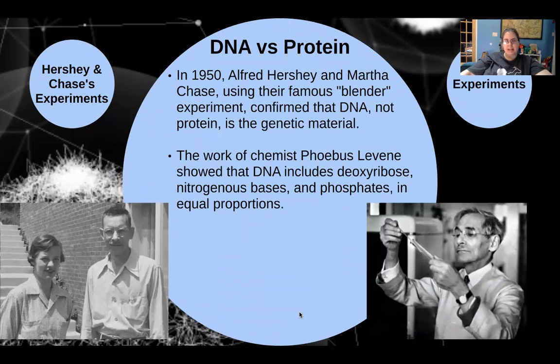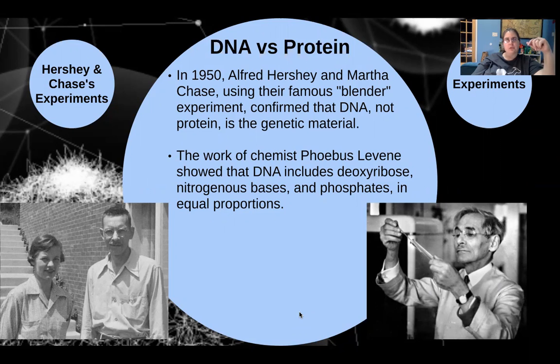Around the same time, we have a chemist named Phoebus Levene, and he was the one who discovered the different components of DNA. He found that it consisted of deoxyribose, some kind of nitrogenous base, and a phosphate group, all in equal proportion.